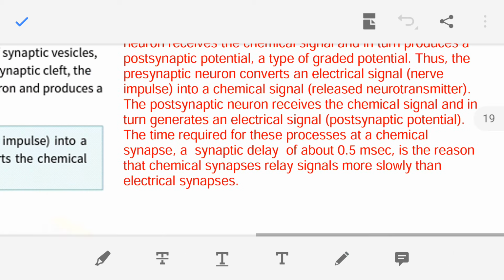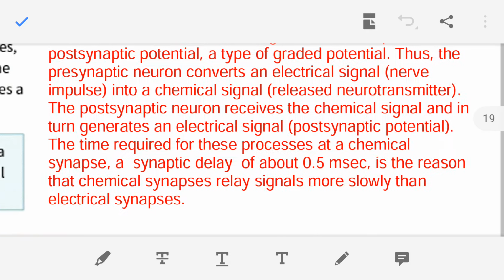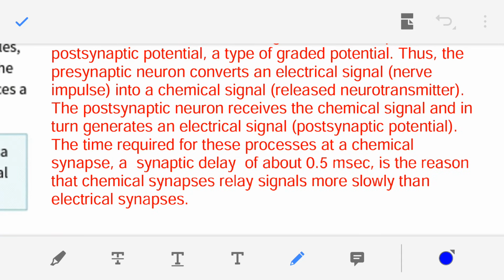This neurotransmitter, the chemical signal, is received by the postsynaptic neuron, and the postsynaptic neuron now generates the electrical signal, the nerve impulse. That is known as the postsynaptic potential.